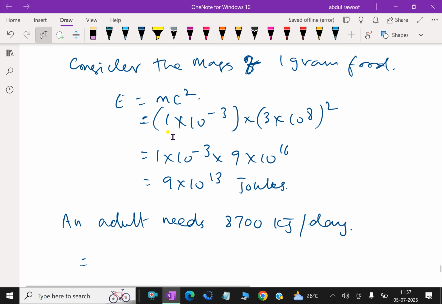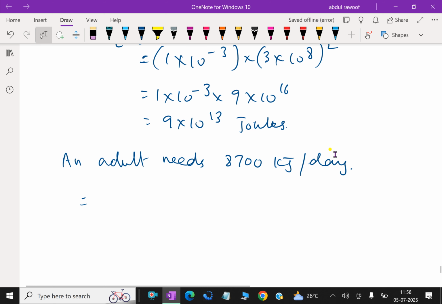If 1 gram of any food is converted completely into energy, this much joules you can get. 8,700 kilojoules is equal to 8,700 into 1000 joules per day.